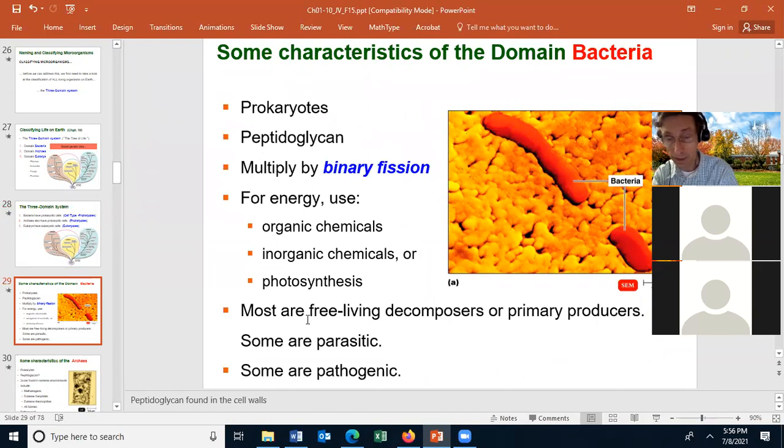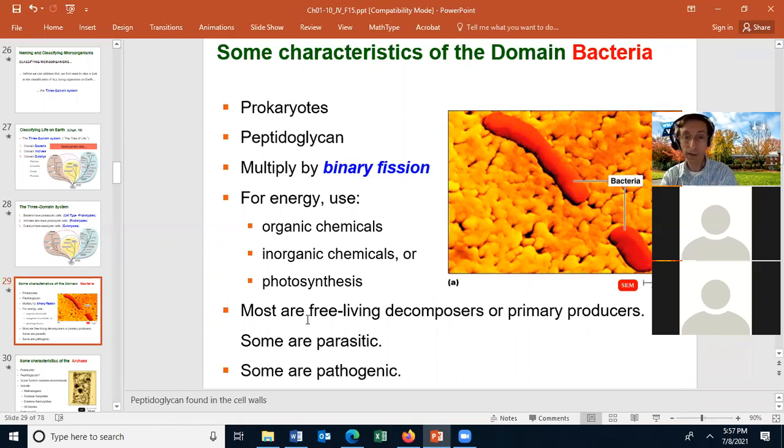We get our energy needs from the food we eat, such as glucose. But some of the bacteria can get their energy needs from an inorganic chemical, and that would be a chemosynthetic bacteria. And then lastly, some of the bacteria can get their energy needs through photosynthesis, converting the energy in sunlight into the energy in the cell, meaning the energy in glucose.